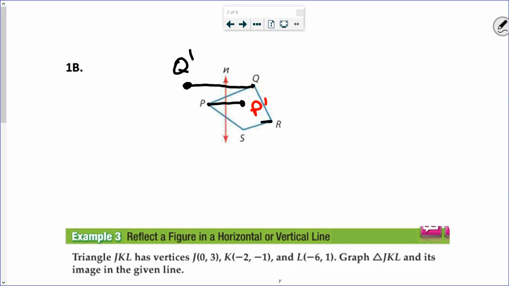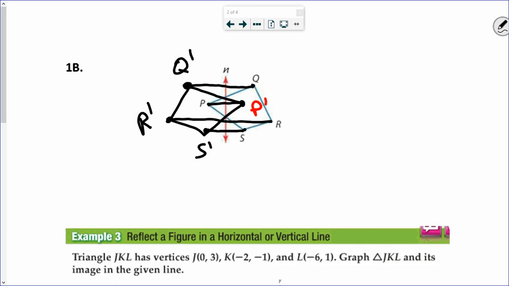R, going perpendicular to n, a little further out than Q, so that's R prime. And then S, the last vertex, is going to reflect maybe somewhere there, S prime. That would be the polygon reflected across line n, and you should have something very similar to that.